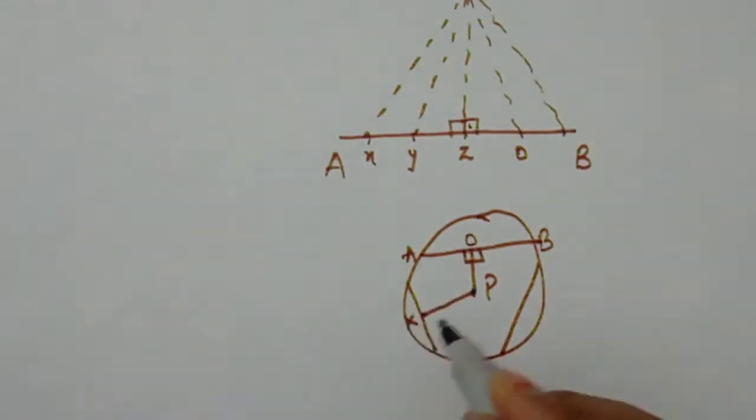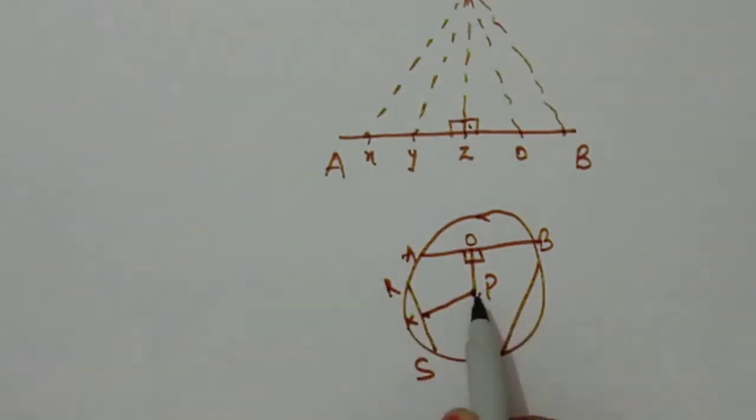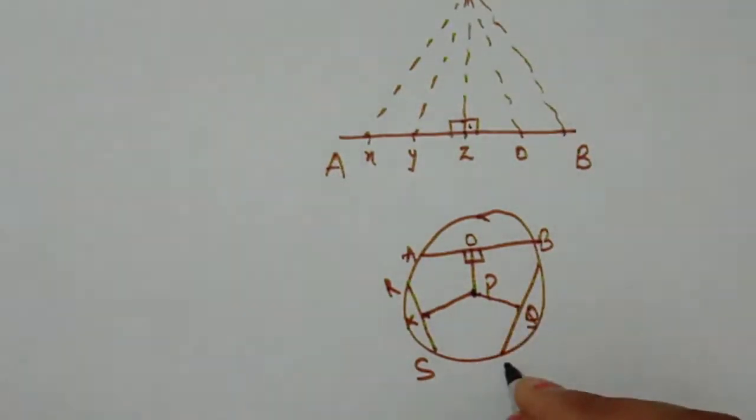This OX is the distance of chord RS from the center. Similarly, OQ is the distance of the chord XY. So students, for all the chords present in a circle, the smallest perpendicular distance is the distance from the center of the circle.